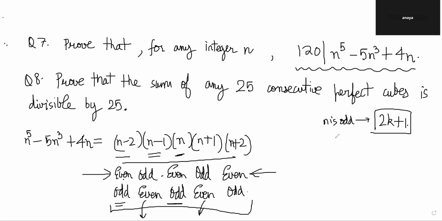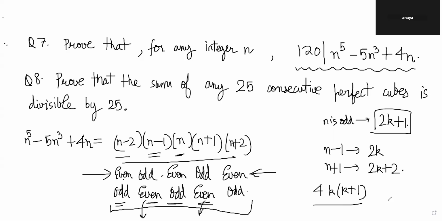What is n minus 1? n minus 1 would be 2k, and n plus 1 would be 2k plus 2. And when you multiply these two even numbers, we get 4 times k times k plus 1, which automatically has another even number hidden inside it, because k into k plus 1 is a product of two consecutive numbers. One of them has to be even. So basically it is divisible by 8 again.